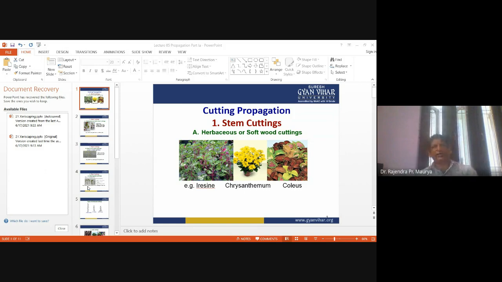So we can lose those cuttings with no success. That's why we make a slanting cut on the upper one. And the bottom one just below the node, hardly around 0.5 centimeters, should be horizontal.